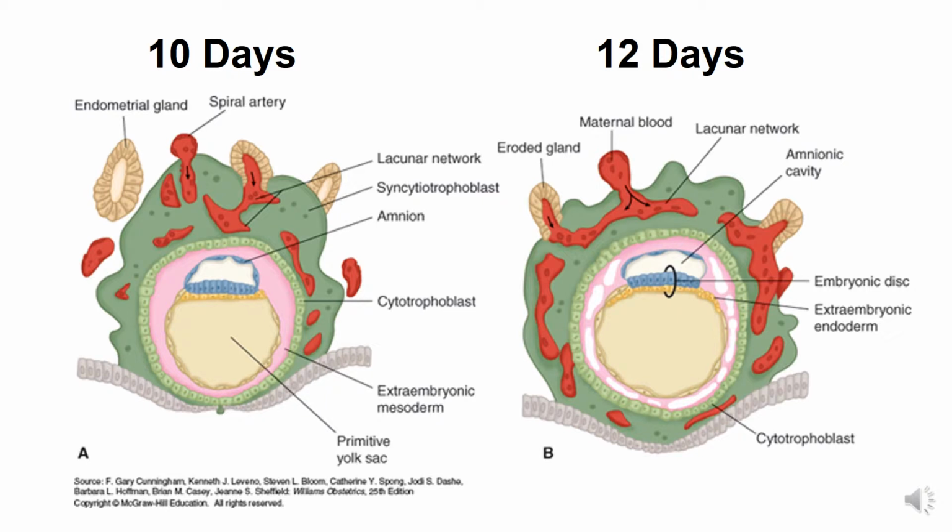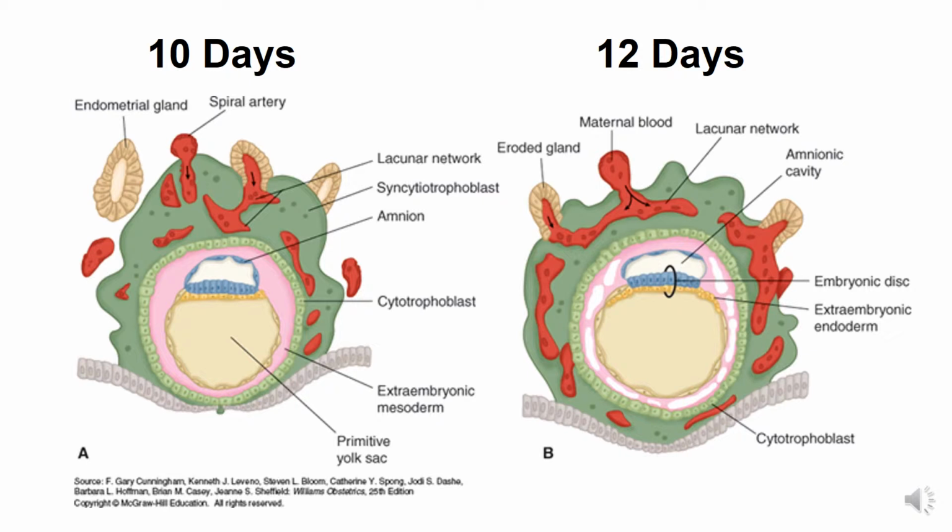And so this is just looking at the anatomy of the fetus at 10 days and then at 12 days. And so here, just to point out very obvious stuff, you have endometrial glands, spiral arteries. This is your amnion.